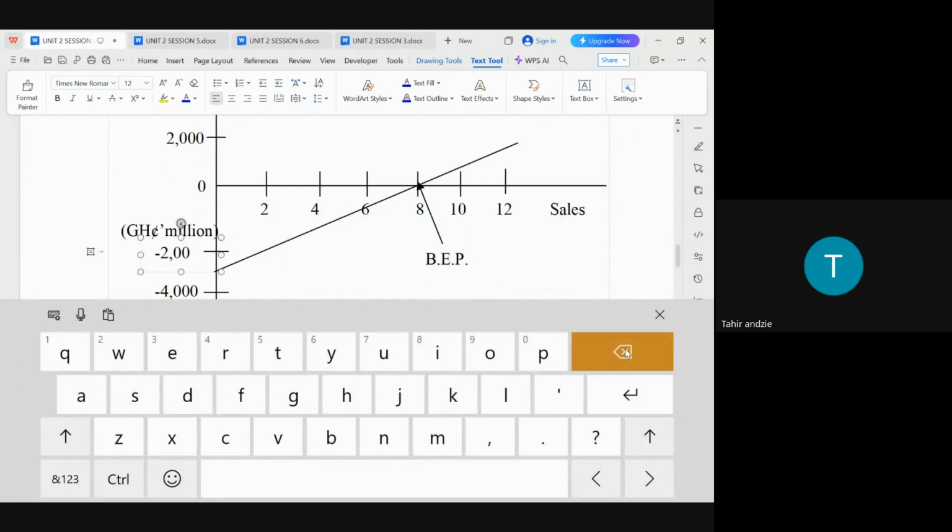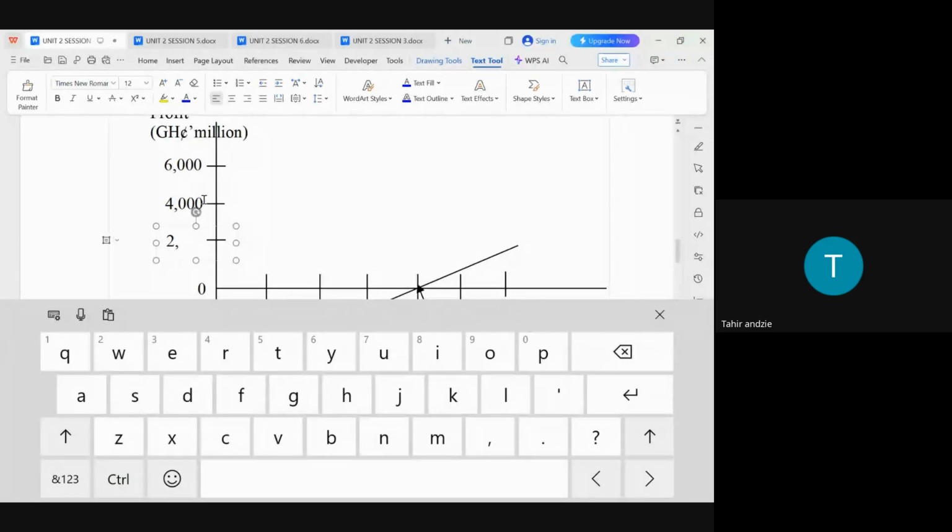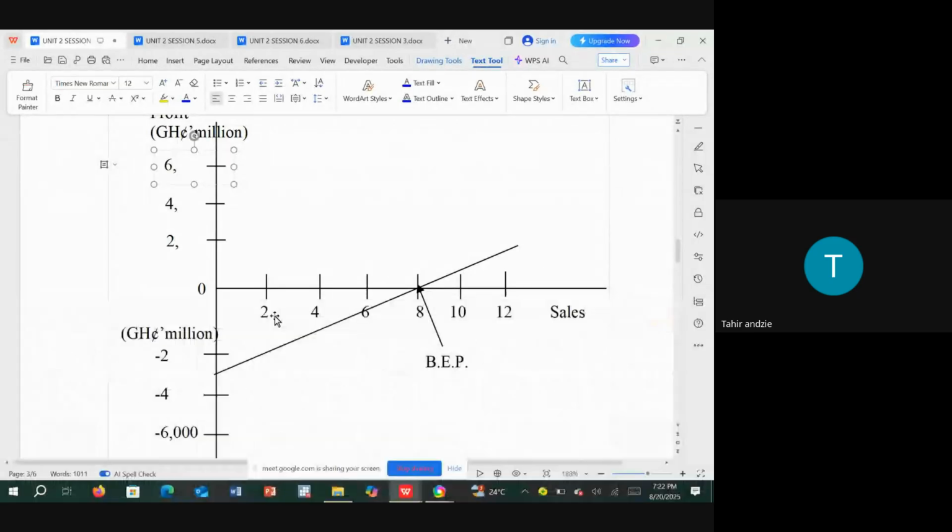Because we are talking of millions, this supposed to have been 2,000 and this 4,000, but these are in millions, and in our question we have millions. Okay, so this is supposed to have been the point.